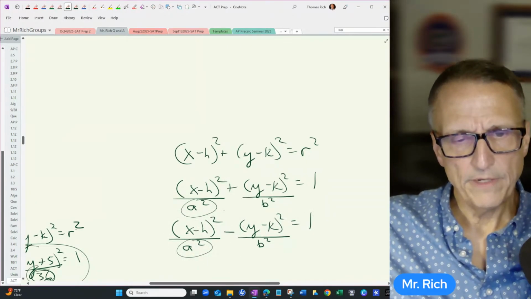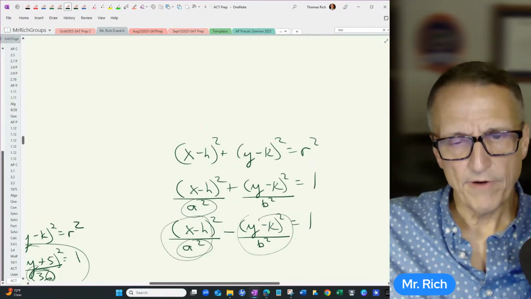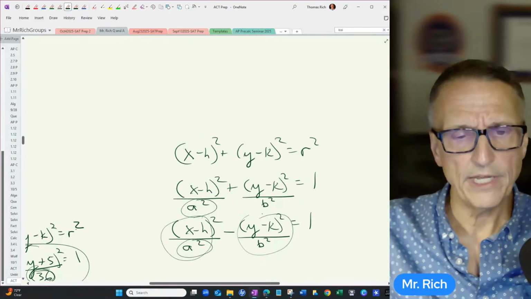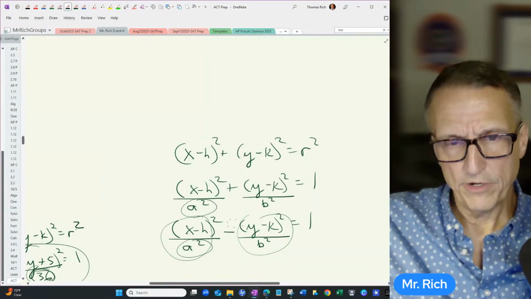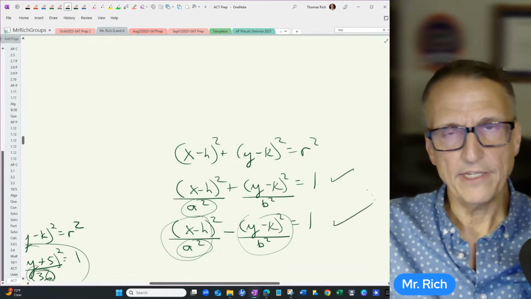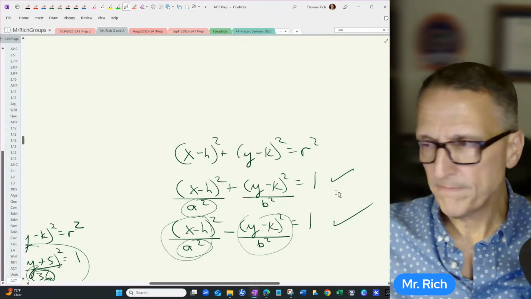Now, it could be that this is the positive fraction and the y is the negative fraction. That just determines which way it's oriented, but we don't need to get into that. I just need you to know the difference between those, and you have a decent shot at getting the equations correct on a hyperbola or ellipse.